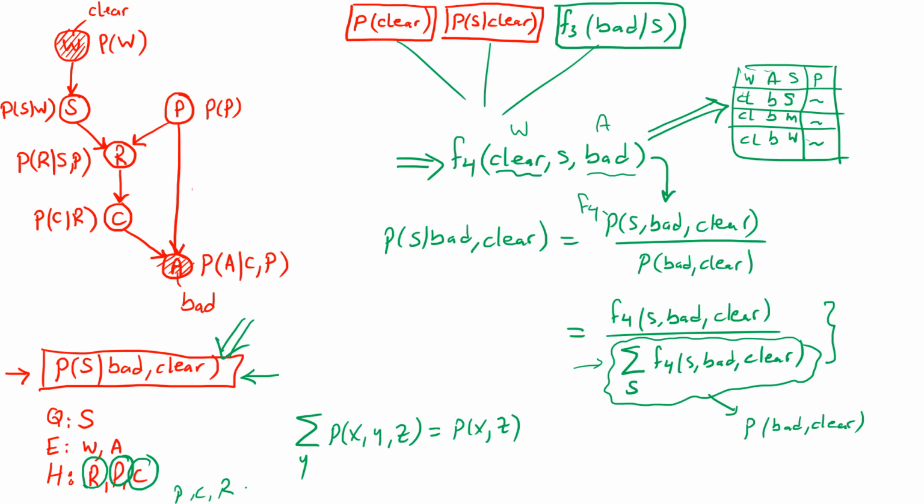Then at the end, you will need to compare the factors that you got from each of these orders, and also with the factor that we got from inference by enumeration, in terms of size. I think you are now in a good position to know the size of each factor.